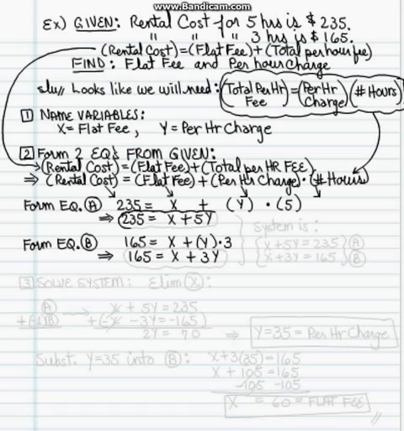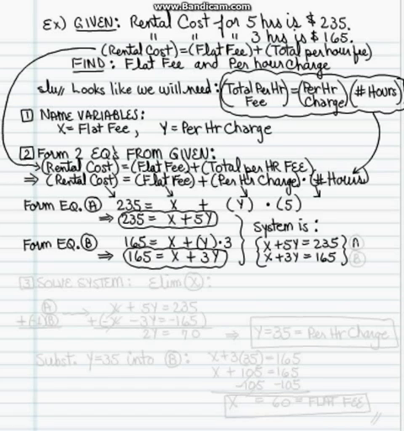Okay, looks like we have two equations. Let's write them nicely to form our system. The system is: X plus 5Y equals 235, and X plus 3Y equals 165. That's our system. The first one we're calling equation A, the second one equation B.